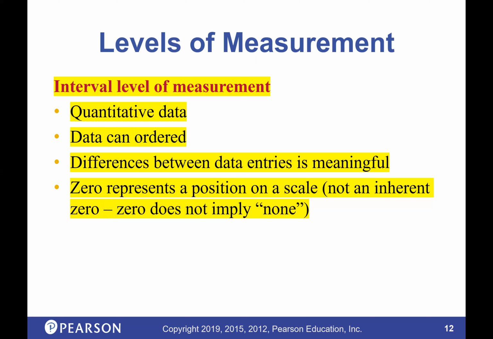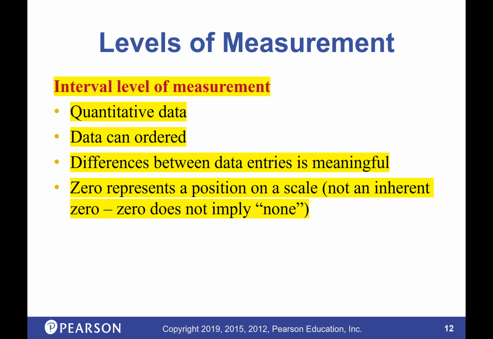The one thing that we kind of have to think about is this one right here. It says 0 represents a position on the scale, not 0 in the sense of nothing. Can you guys think of something that we use in normal life where 0 doesn't mean absolute nothing? It just means that it's a spot.